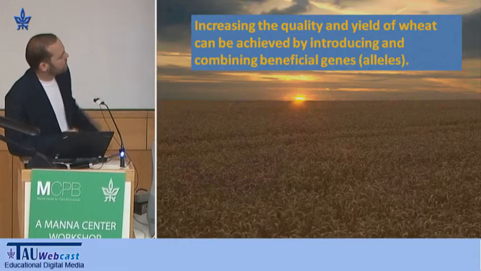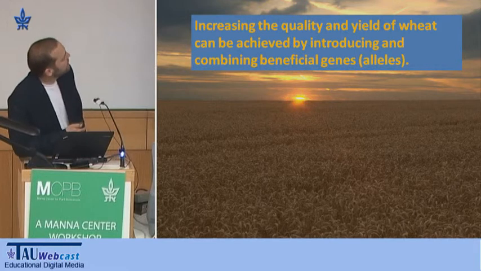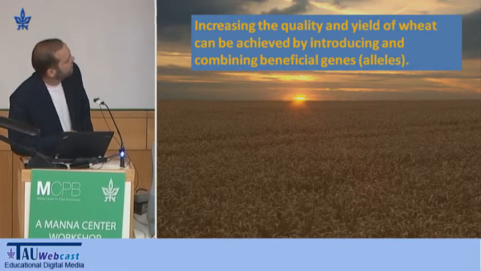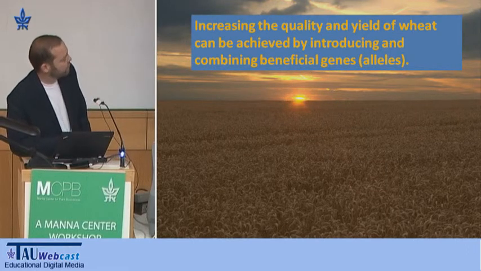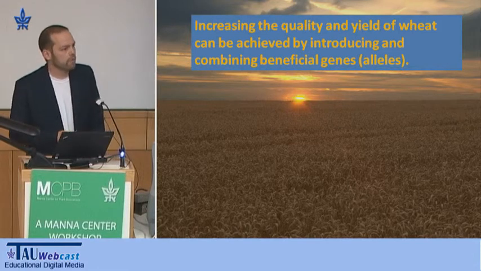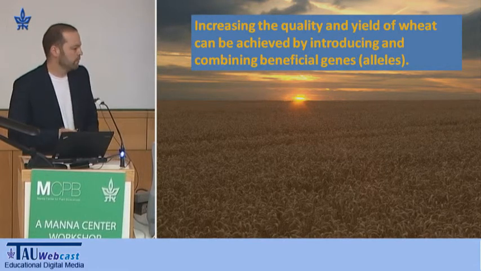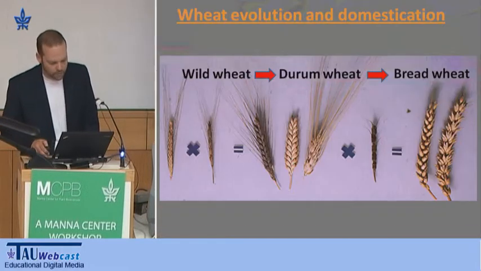So, of course, I am talking from the breeding point of view, that increasing the quality and yield of wheat can be achieved by introducing and combining beneficial genes or alleles. Wheat produces 20% of the world's calories, and this is why it's important to invest in wheat.